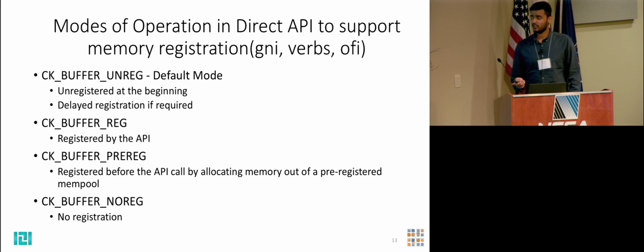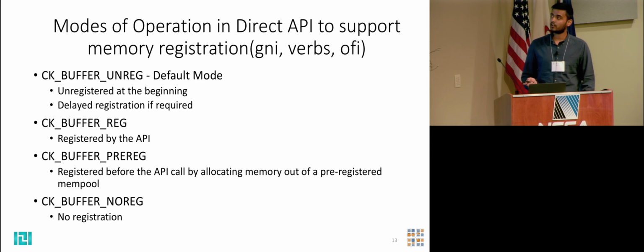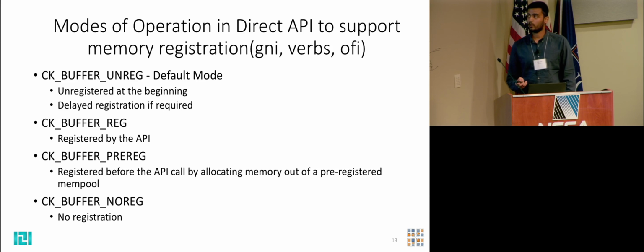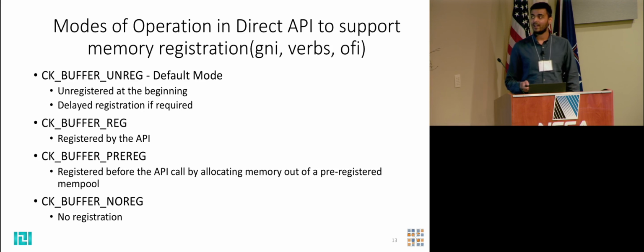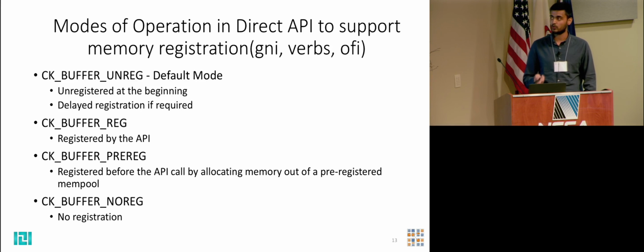So the unreg mode is the one where the buffer is unregistered at the beginning and it's registered later on if it's absolutely required. For example, if there is a process within the same node, we use CMA to perform the remote read and we don't really use RDMA.